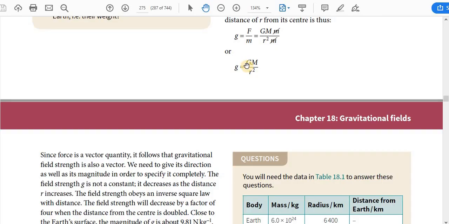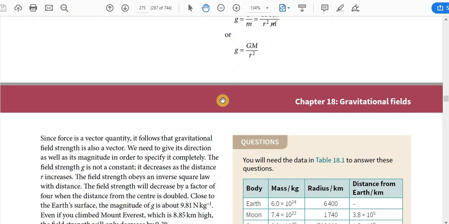Okay, g is constant, mass of the earth is constant. So if the stone is moving significant distances, then when r increases, g decreases. So when this doubles, this will decrease by a factor of 4.